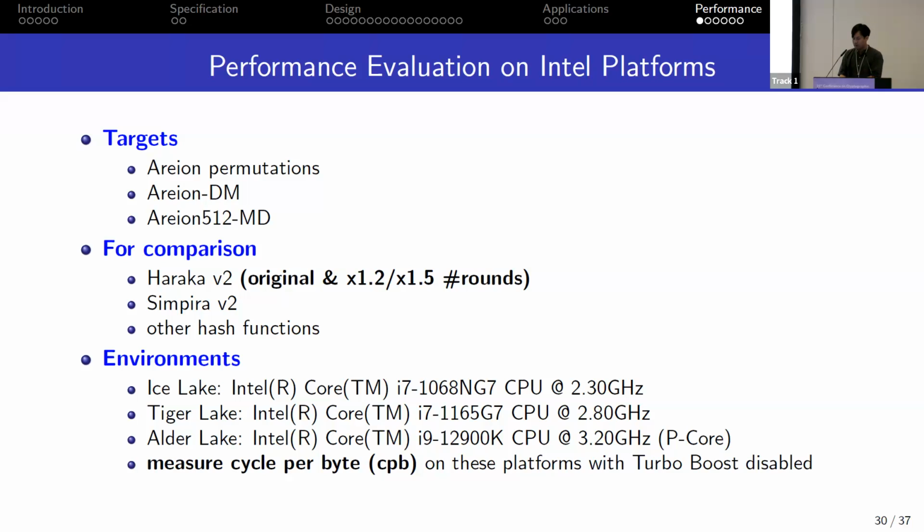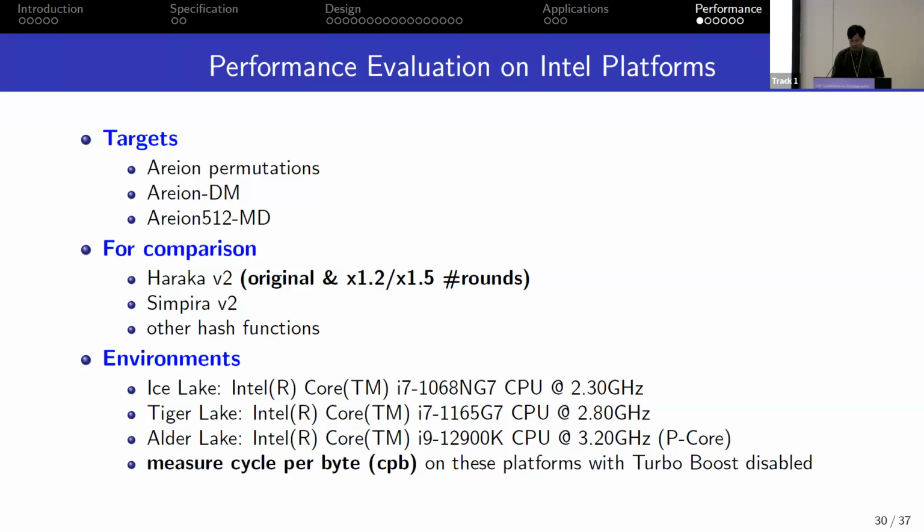For Haraka, we also use versions whose round number is multiplied by 1.2 and 1.5, because the original versions are almost broken, and Haraka 512 is completely broken.